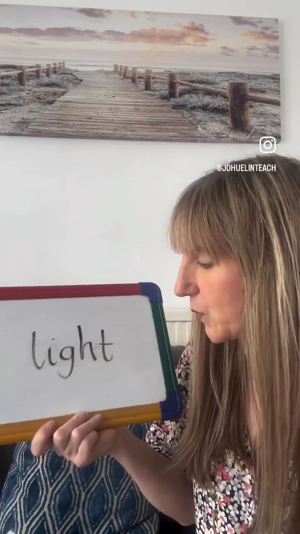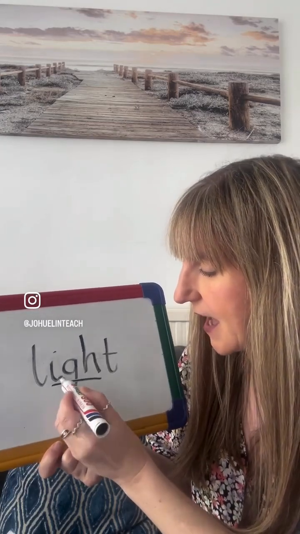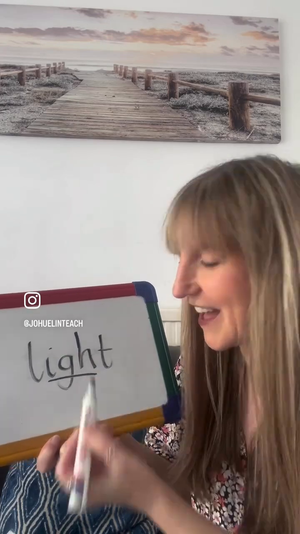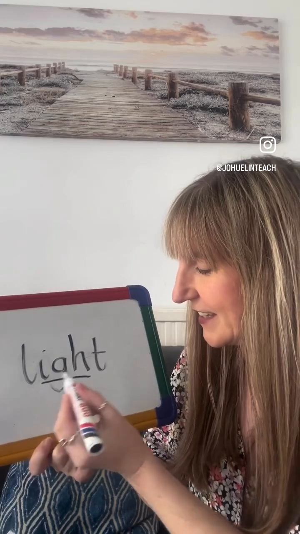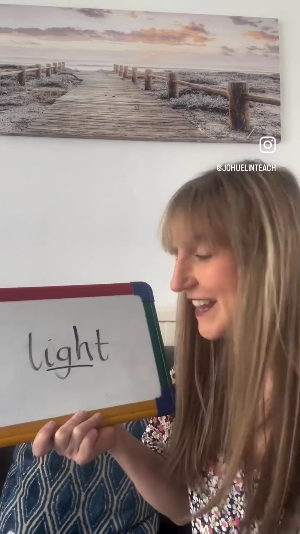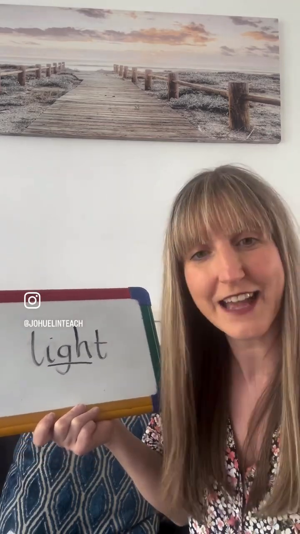And a trigraph is three letters that make one sound. And you can underline it like this, igh. So now it's not i, g, h, it's igh. And you can ask them to sound it out again. L, igh, t, light. And then they have actually practiced and can read and apply the words themselves.